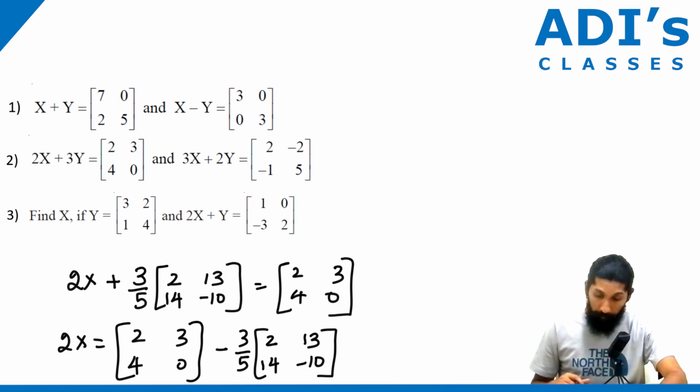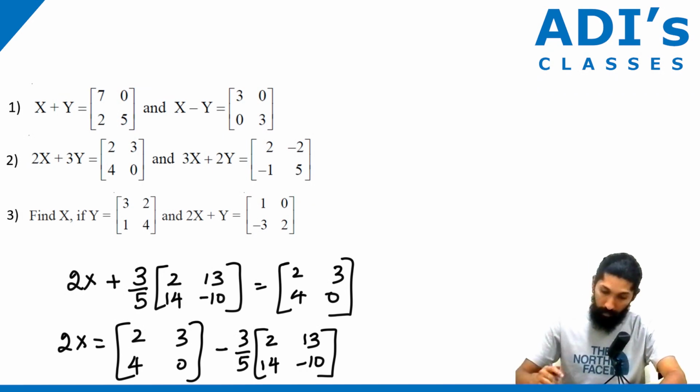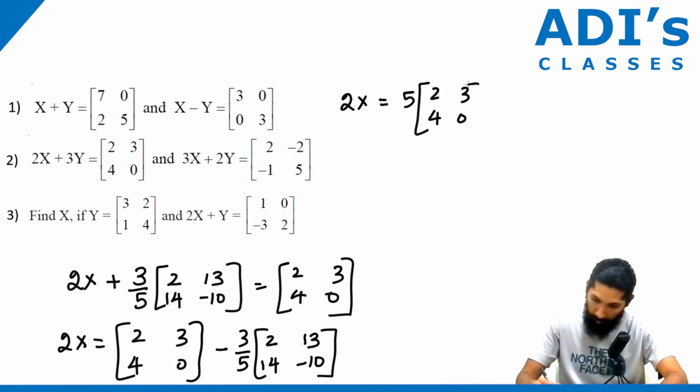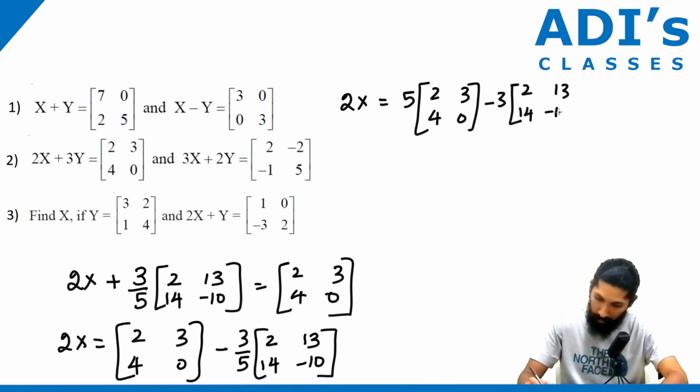Okay, so if you are taking the LCM method, then you are going to have 2x is equal to 5 into 2, 3, 4, 0 minus 3 into 2, 13, 14, minus 10, the whole thing divided by 5.